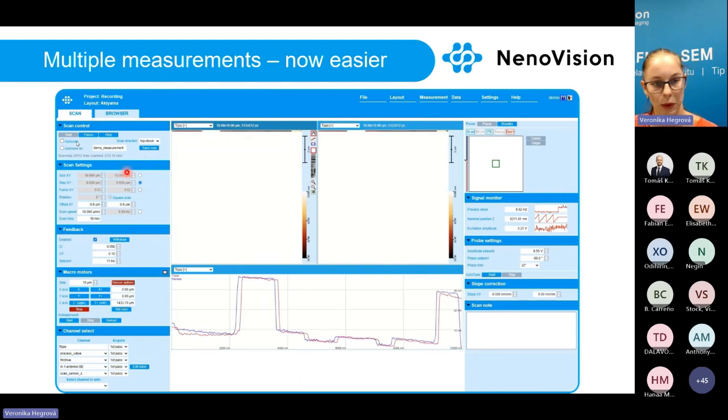And the last step, I wasn't fast enough to say it, was the start button to start the actual image. So that's all you need to do. It's a 3-click measurement, and already you can see the data coming. Of course, afterwards it can be improved if necessary, but otherwise this is the procedure how to measure.